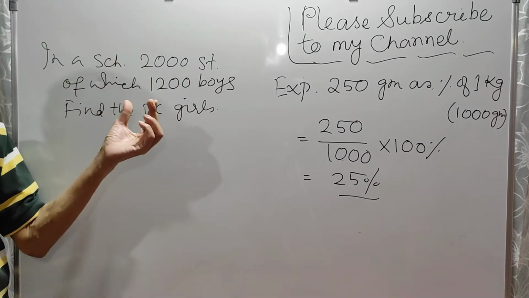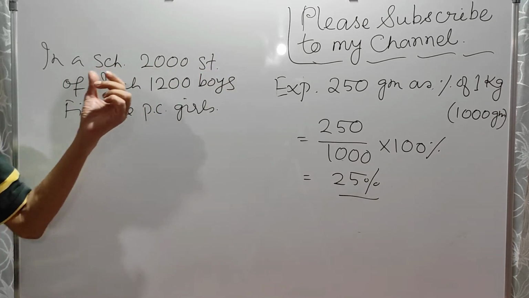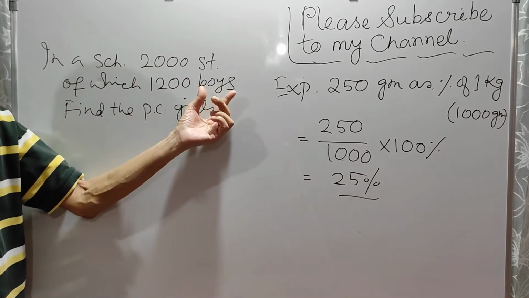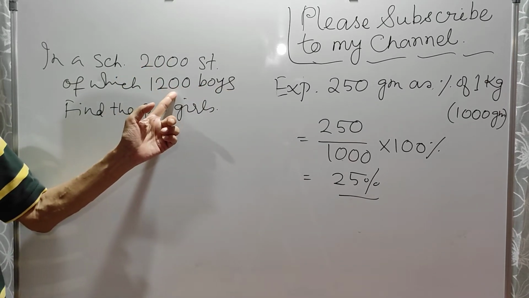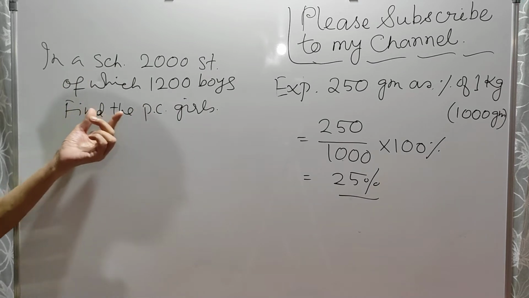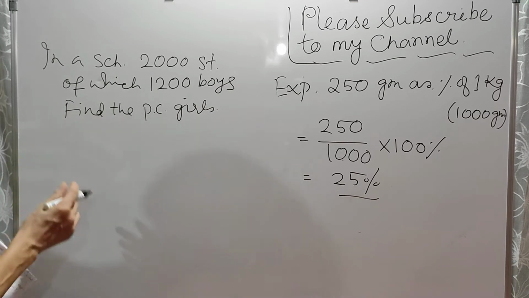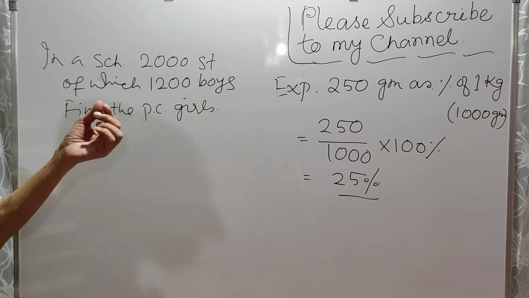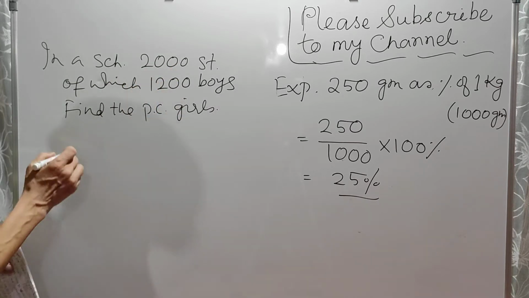So I have written it very briefly. In a school there are 2000 students. Out of 2000 students, 1200 are boys. So how many girls will be there? 2000 minus 1200, 800 girls. So you have to find the percentage of girls. That means you have to express 800 as a percentage of 2000. First of all, you find out the number of girls.